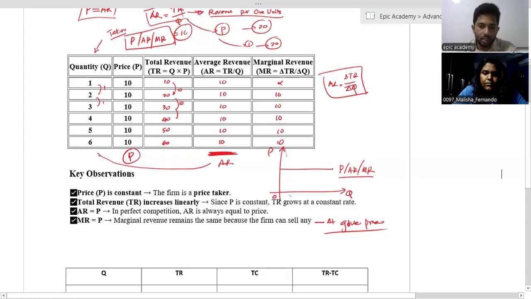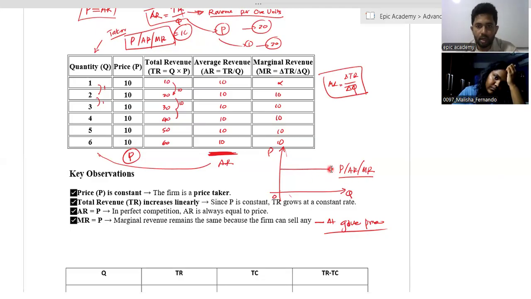So always in the perfect competitive market structure, the demand curve is a line parallel to the quantity axis, because there is no change in the prices, but quantity can change from 0 to infinity, because the firm cannot change the prices according to the quantity exchanged.